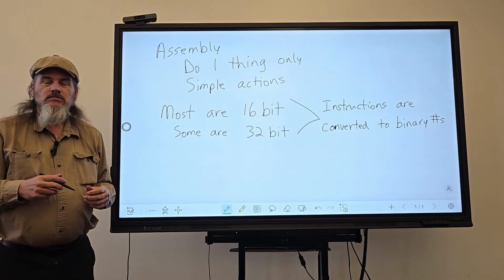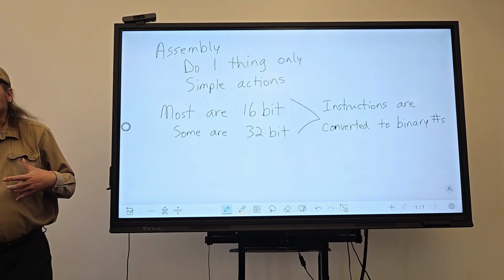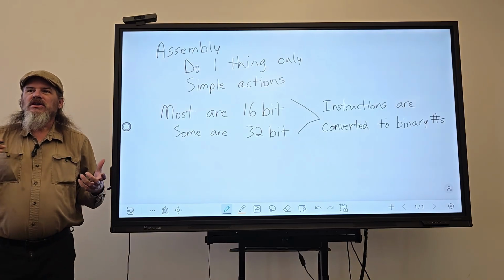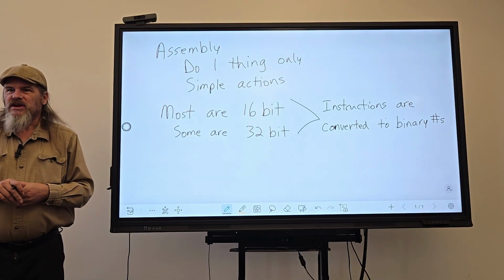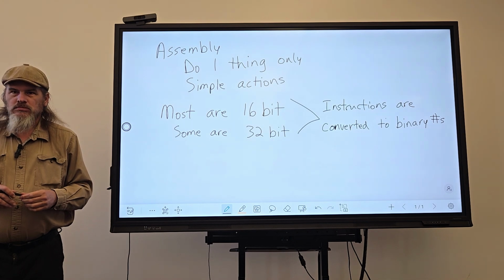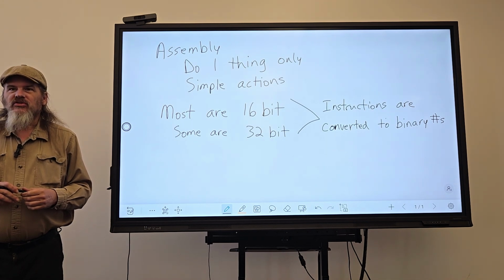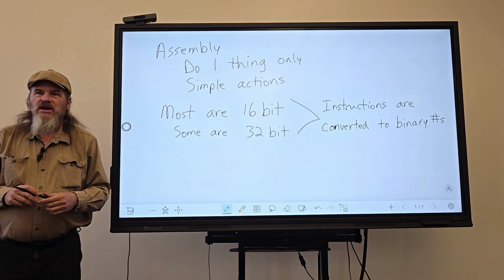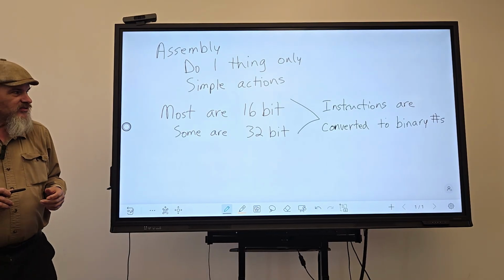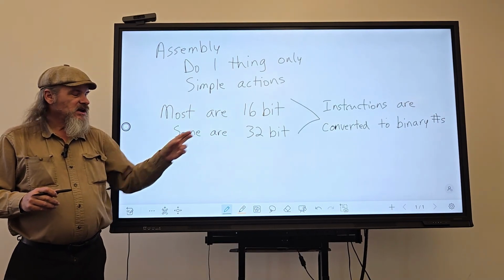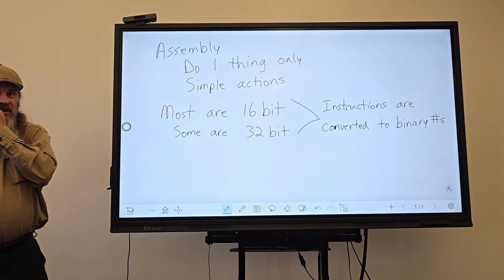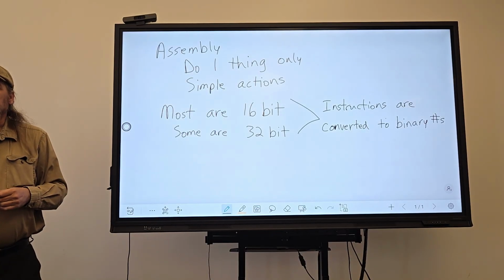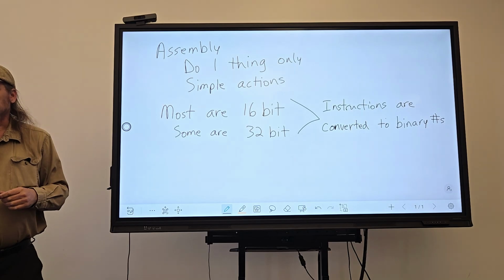And that may seem like a lot, but when you look at the arguments for the instructions, those 65,000 plus possibilities dwindles down very quickly.